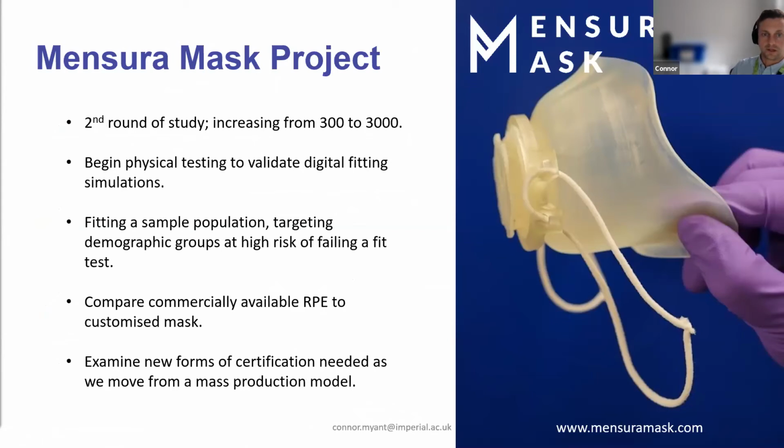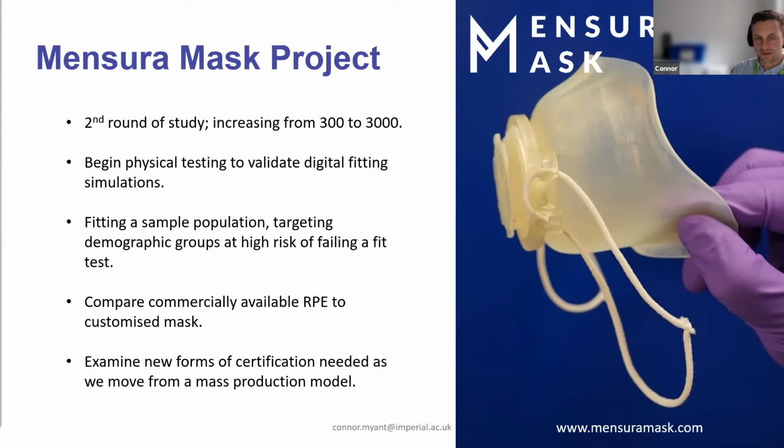So where are we going to go next with this? We are just starting our second round, our second digital study, where we're going from around 300 faces to 3,000. And in fact, anybody here, if they want to take part, please do. We're always happy to receive more volunteers, more participants in the study.